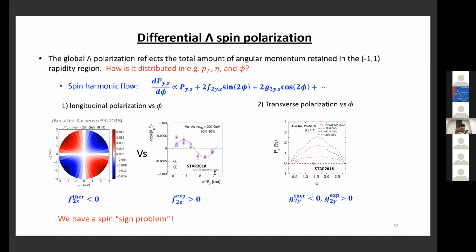However, the STAR data two years ago shows that this harmonic coefficient is positive. Similarly, for the transverse polarization, the theory gives that the second-order harmonic G should be negative, while the data still gives a positive value. So this is the sign problem for the spin polarization.